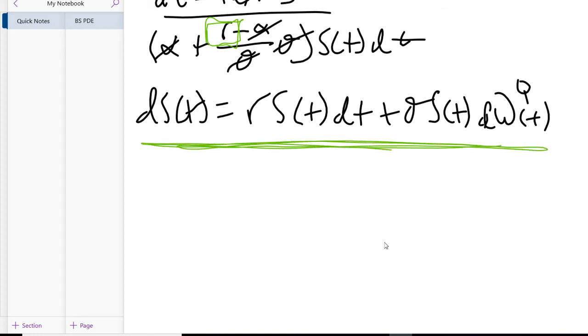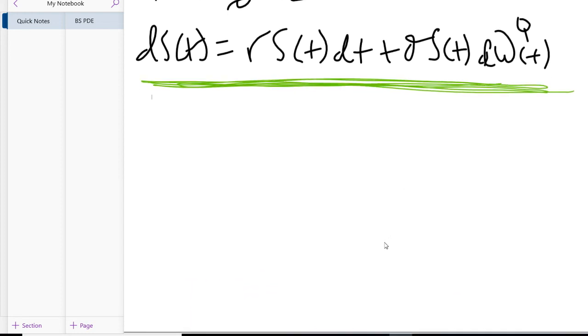So we are led to the same result, that under Q, the risk neutral measure, the drift of the underlying changes from the underlying-specific drift alpha to the risk-free bank account rate r. So that's an important theorem to know moving forward.